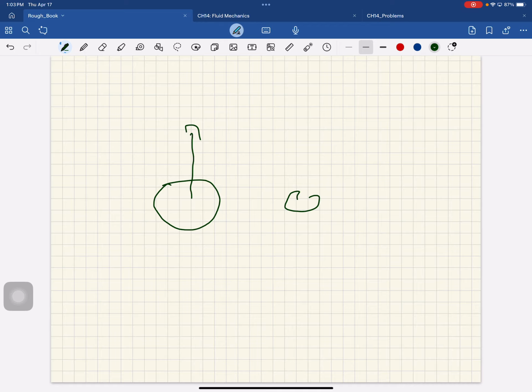How long will it feel a buoyant force? Until it reaches the same density as the air in the atmosphere. Very good. As long as it's warmer than the surrounding air, it'll keep feeling a buoyant force and keep rising. And since there's a net upward force, it keeps accelerating.